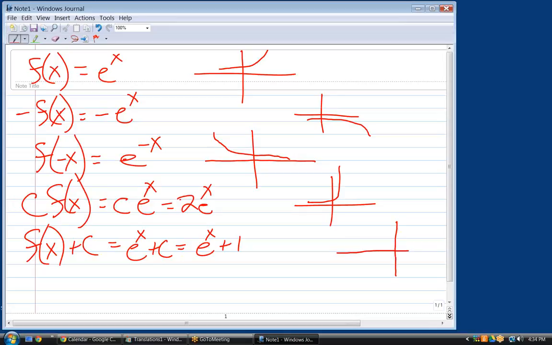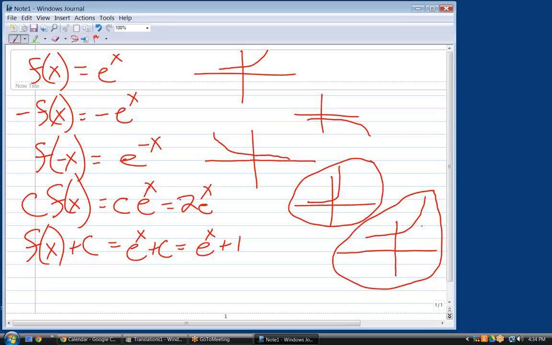It moves it up or down, so that would be moved up 1. A vertical shift. It's this curve, exactly the same shape, only moved up by c amount. So the only things that can happen vertically are that we can vertically stretch or squeeze it, or we can vertically shift it up or down.